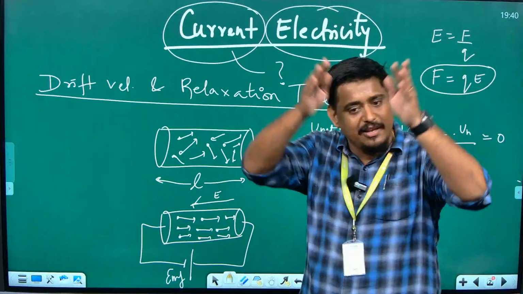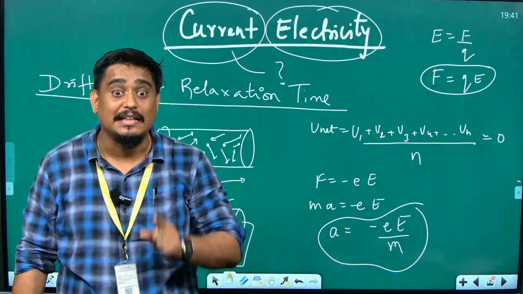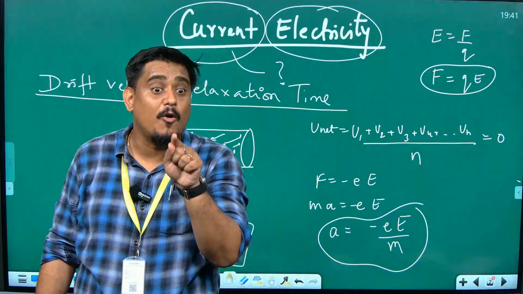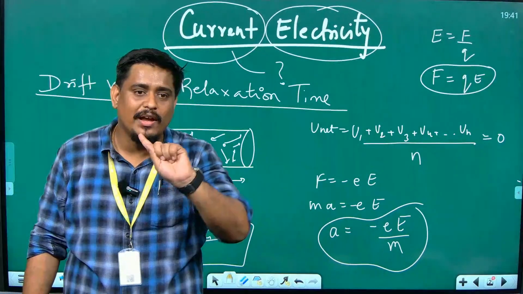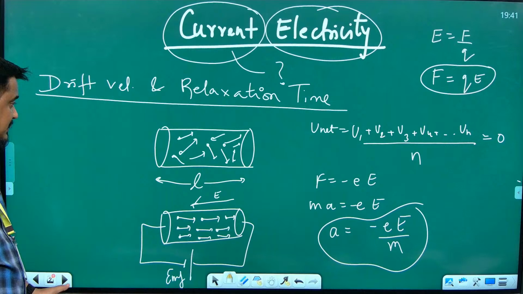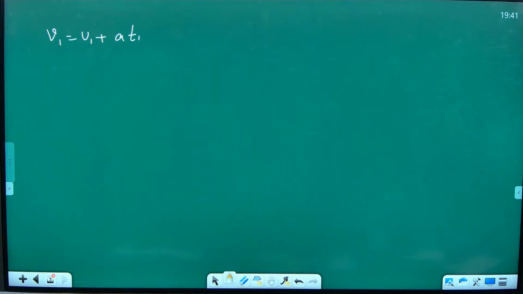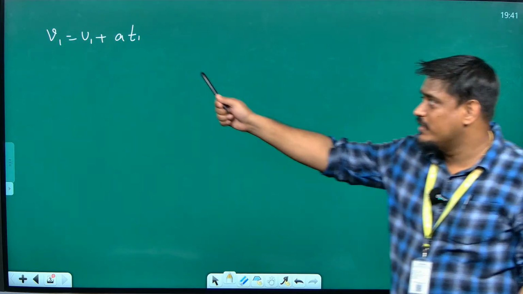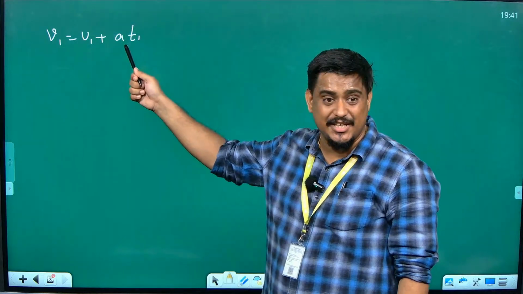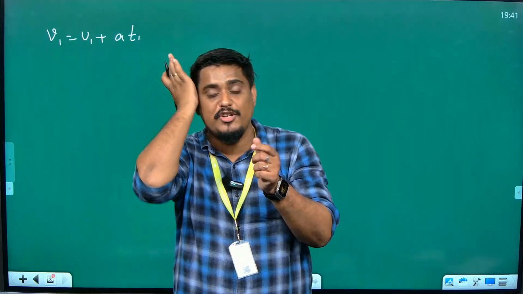There are millions of electrons and it will definitely hit another electron. The time it takes to go and hit another electron is taken as T here. That is known as relaxation time. Relaxation time means the average time between successive collisions of an electron. U is the initial velocity, A is the acceleration, T is the relaxation time.